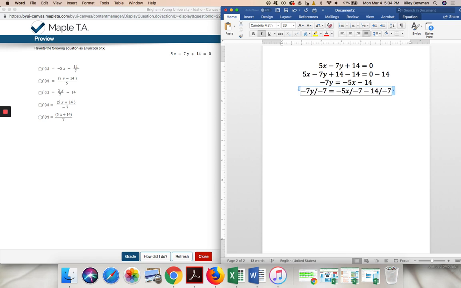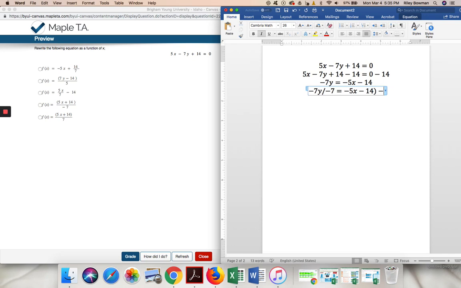Another way I could think of that is negative 5x minus 14 all divided by negative 7, and that works as well. In fact, it looks like that's the best way because most of the answer choices keep that 14 together. So let's keep these together and divide the entire thing by negative 7.